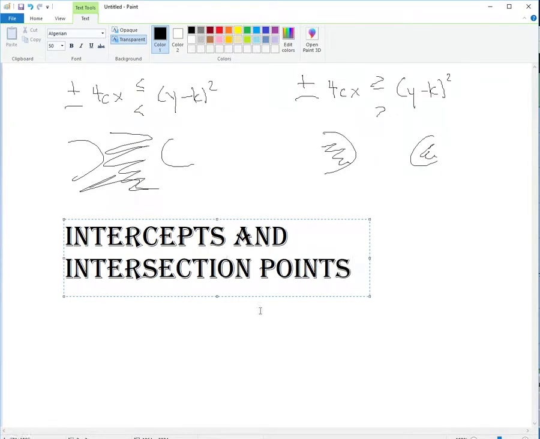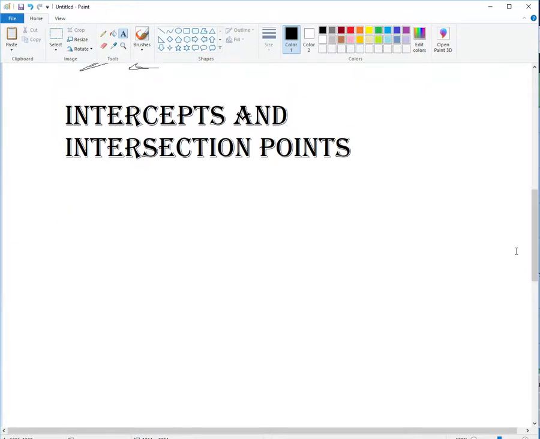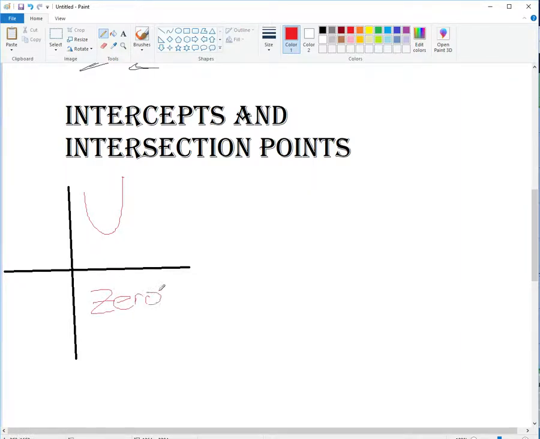Now, just like we did with all the other conics, it is possible to have no intersection points between the parabola and our x and y coordinate axes. So it is possible that we can have x and y axes like this, and then we have our parabola here. Here we have 0 intercepts, right? Or it is also possible to have one, like this.